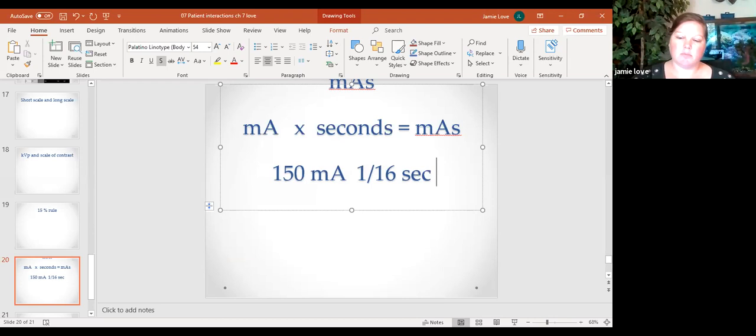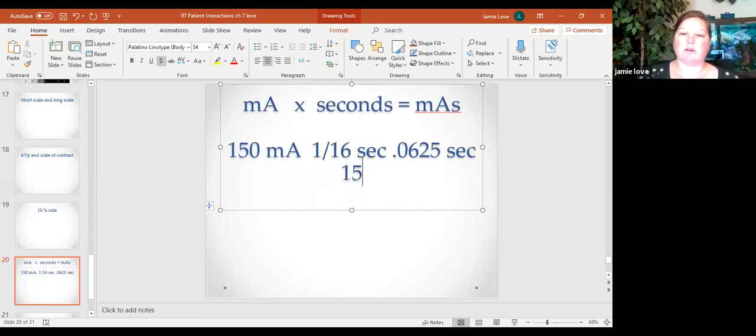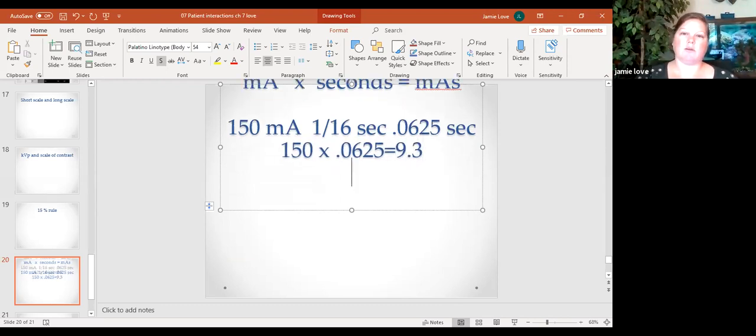That is 0.0625 seconds. So I'd have to do 150 times 0.0625, and that's going to give me my mass. 9.3. So we'll just say 9 mass.